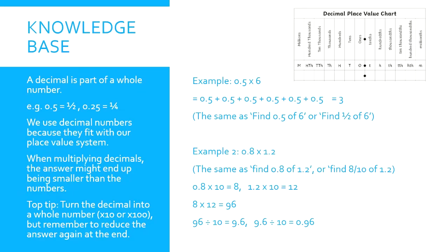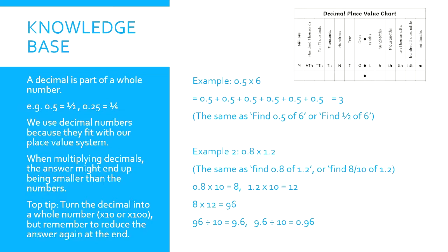Just as a reminder, before we get into doing this multiplication, let's think about what a decimal actually is. When I talk about a decimal, it's just another way of saying part of a whole number, in exactly the same way as I might say 1/2, or 1/4, or 1/3.